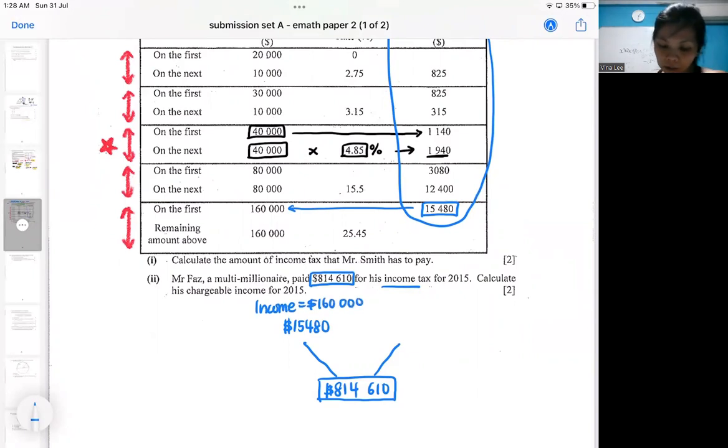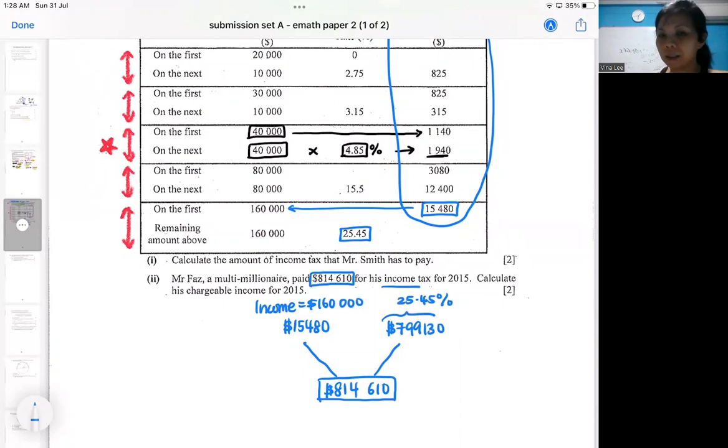Okay, the other basket, I have to subtract away. So this is the other tax. This comes from 25%, so this is like 25.45%.